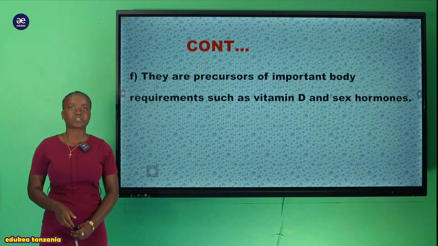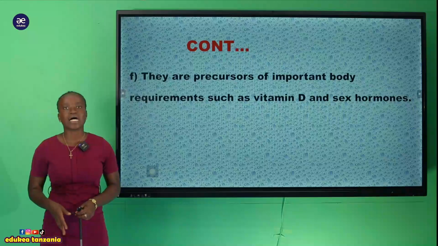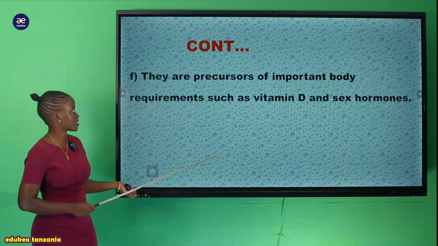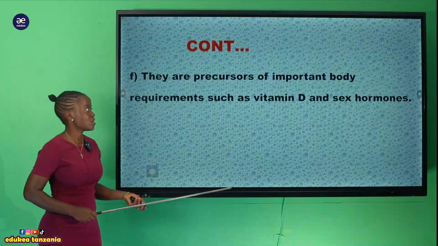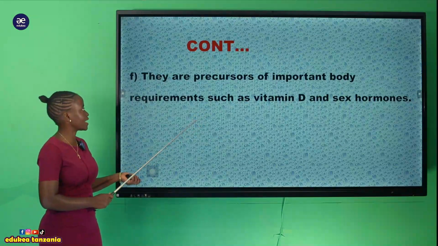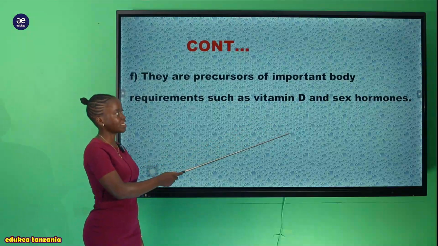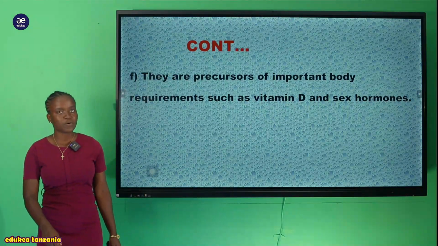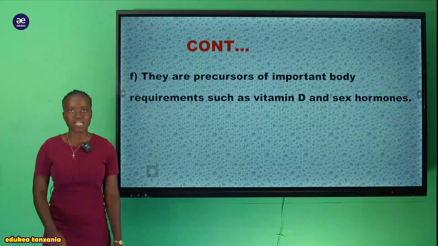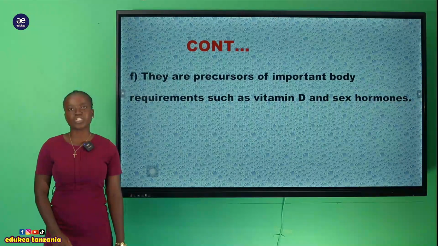When we say precursor, we mean that they are the initial point of several body functions, or the initials of several important requirements of a body. For instance, we have vitamin D, and also we have sex hormones. When we say sex hormones here, we mean testosterone. Also we have progesterone, we have estrogen.